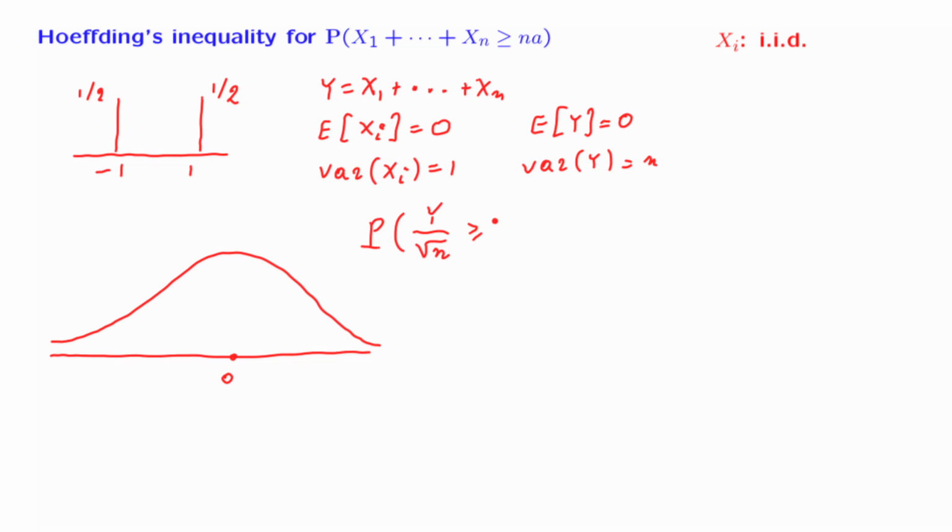And so the probability that this number is larger than or equal to some a is approximately 1 minus the cumulative of the standard normal. So Phi here stands for the standard normal CDF.